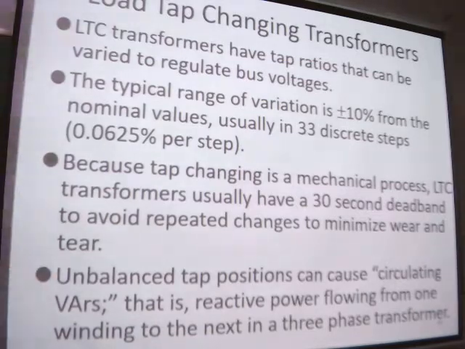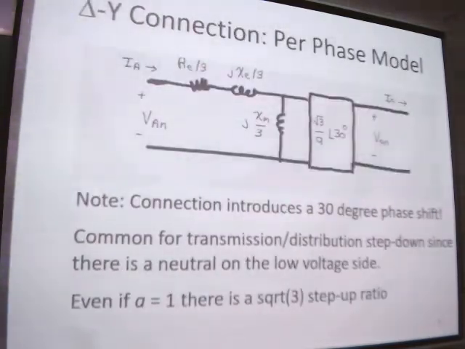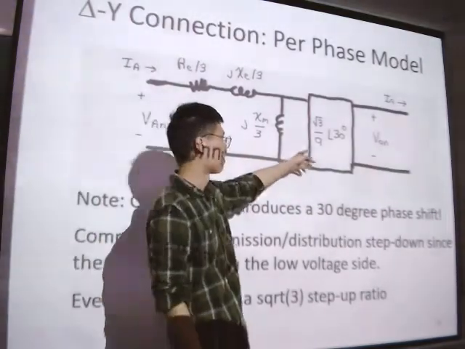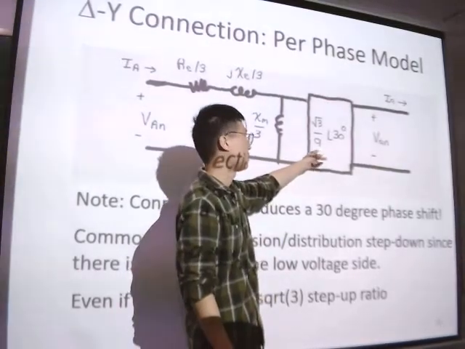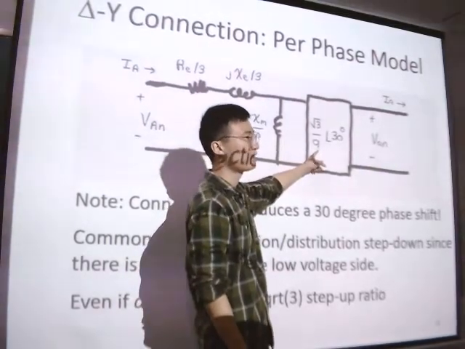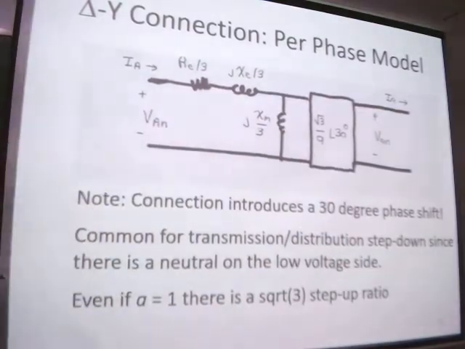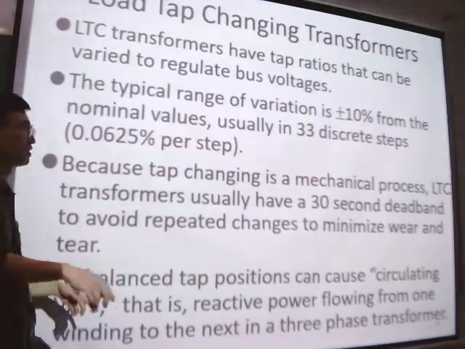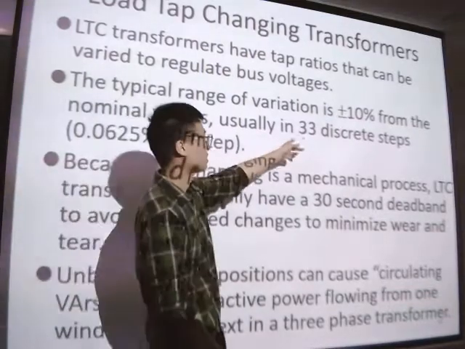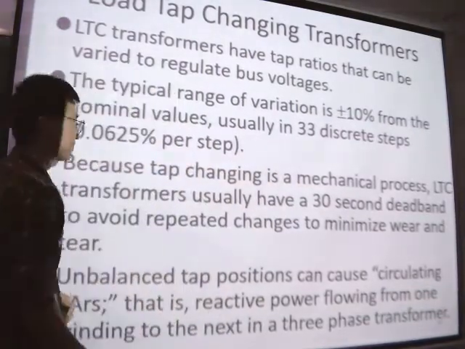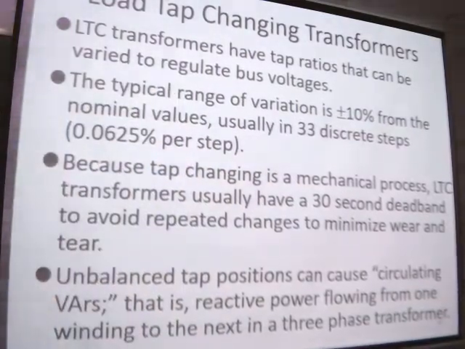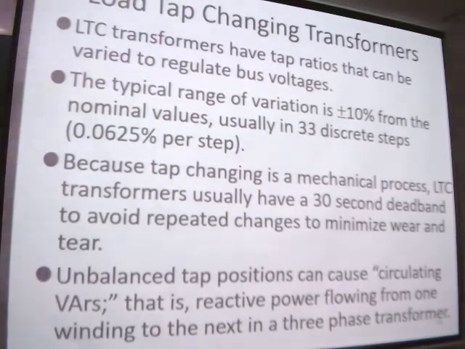So in our previous pages, we assume that the A will be constant, right? 1 to 1, 1 to 2, 1 to 3, 1 to 10 should be a constant. But in the node tap transformer, it will be variable, okay? You can see that there are 3 steps, 1 to 1, 1 to 2.